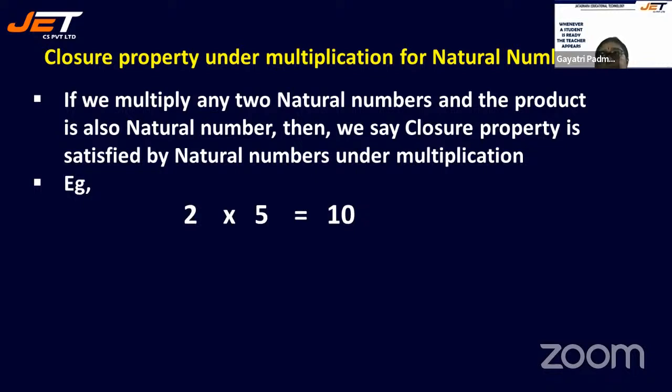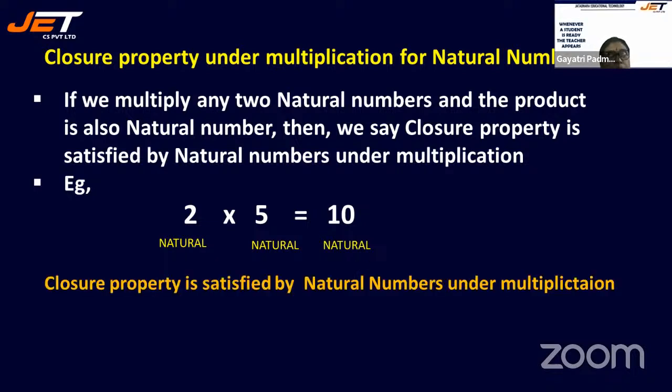For example, 2 multiplied by 5 is going to give us 10. 2 is a natural number, 5 is a natural number, so 10 is also a natural number. So closure property is satisfied by natural numbers under multiplication.